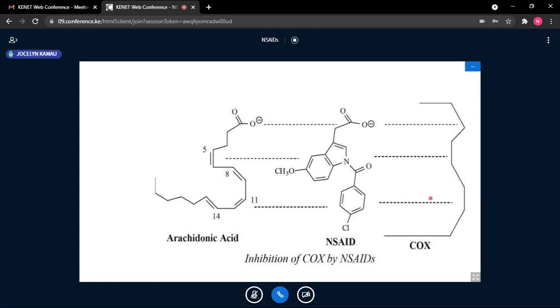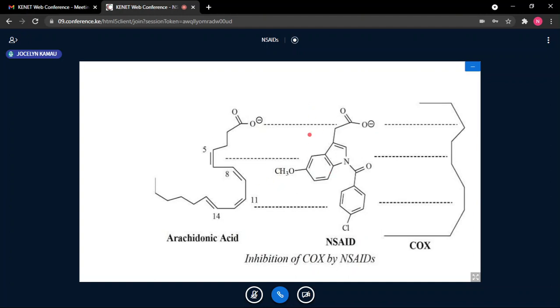And therefore, what are we saying? This is just telling us there is structural similarity between arachidonic acid, the non-steroidal anti-inflammatory, and the COX enzyme. Why? Because the non-steroidal anti-inflammatory and the arachidonic acid are competing for the same site. They are competing for the same enzyme. So if one is to replace the other, there must be structural similarity.